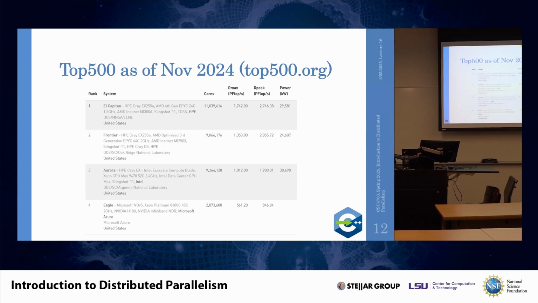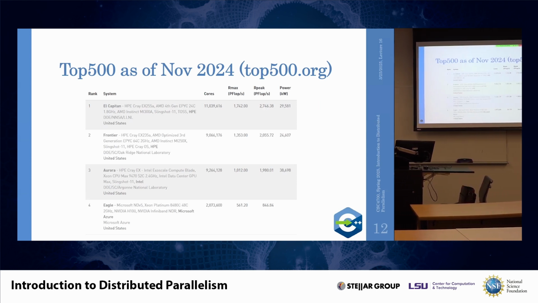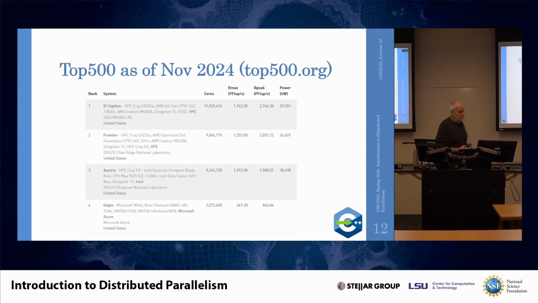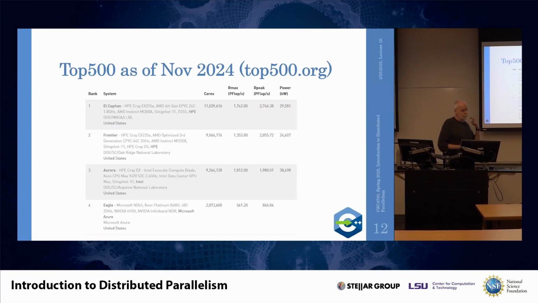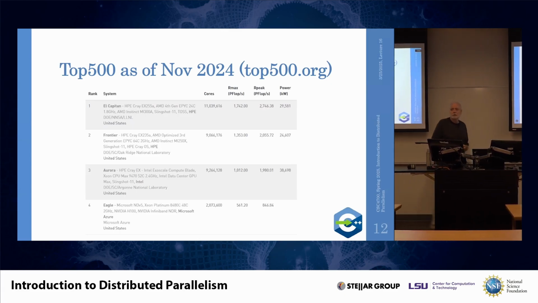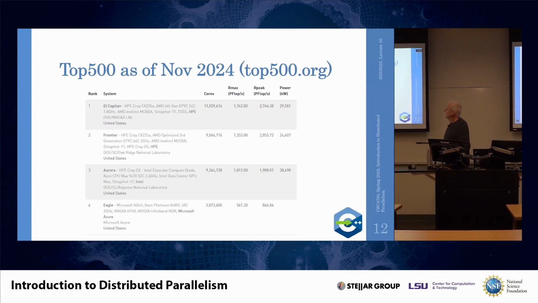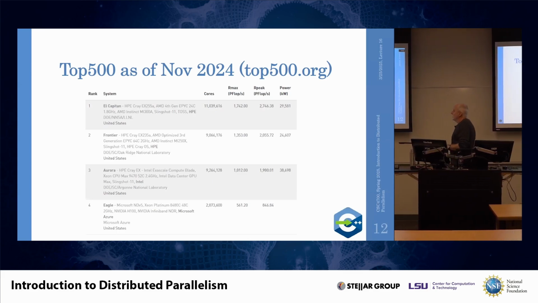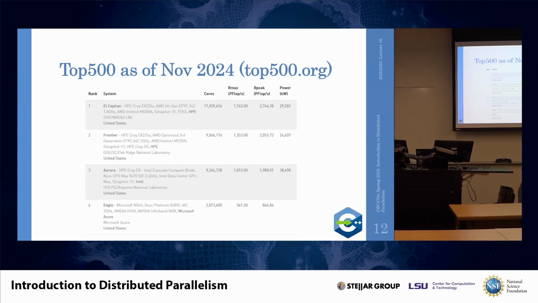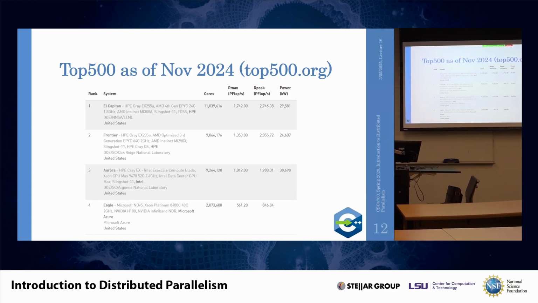There is a website called top500.org, which is updated twice a year with a list of the top 500 computers we have in the world. If you look at the most recent list, updated in November, the most powerful machine is called El Capitan.